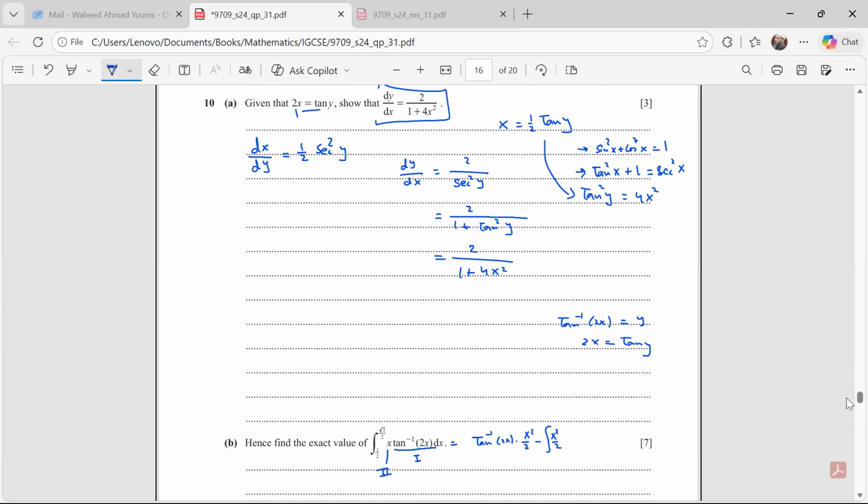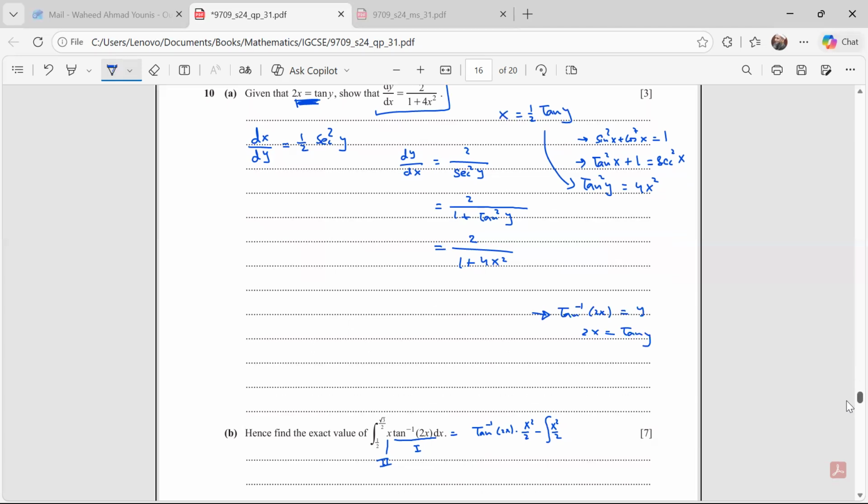So this part is the same as this one, and from here we know the derivative is this part. So the derivative, I need to find dy by dx, and that is going to be 2 over 1 plus 4x squared into dx.